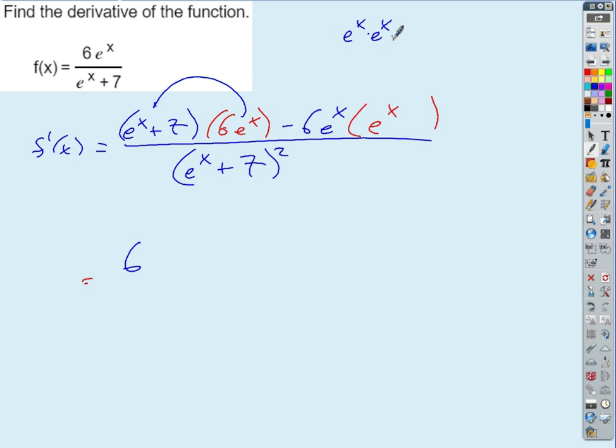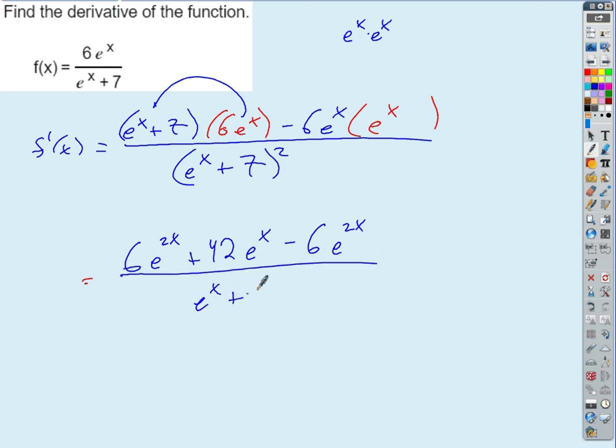Add the exponents. So e to the 2x. So 6e to the 2x plus 7 times 6 is 42e to the x, minus e to the 2x, divided by e to the x plus 7 squared.